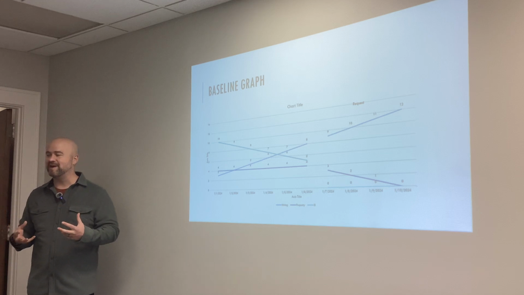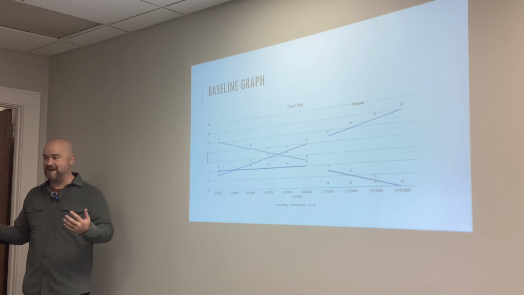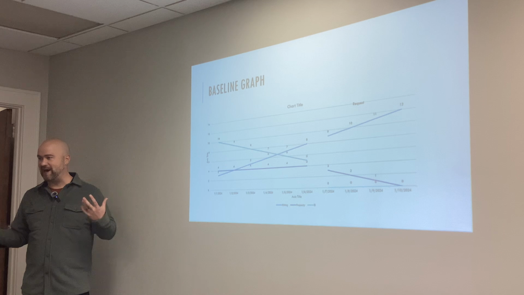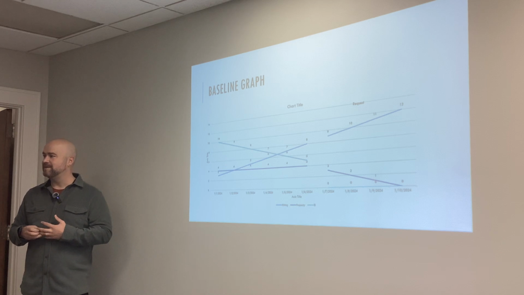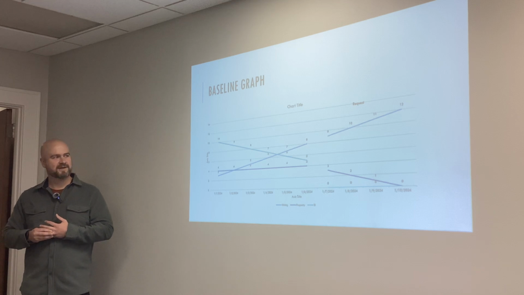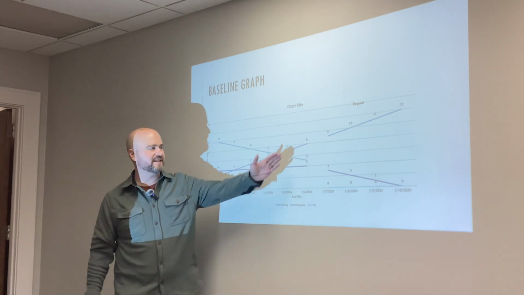Why is this important? It shows behaviors and how often they're happening now. Why else is it important? Yes, go ahead, Diego. We can compare after we start working on a treatment if it is working or not because we have a baseline data. Right, and here I have a little break in the data.